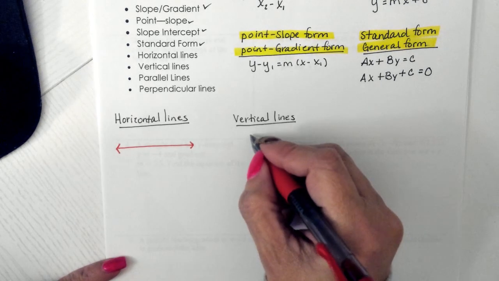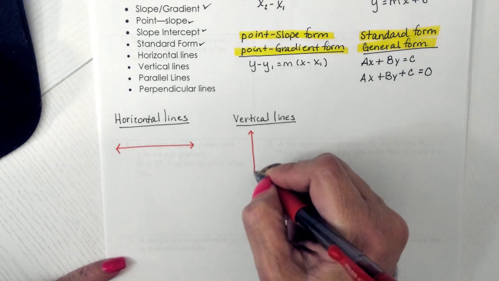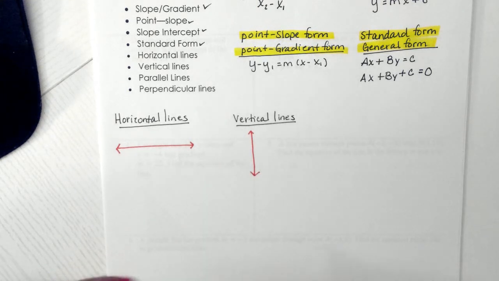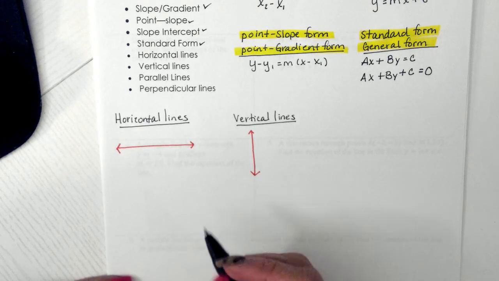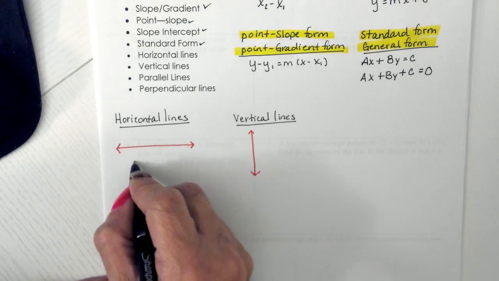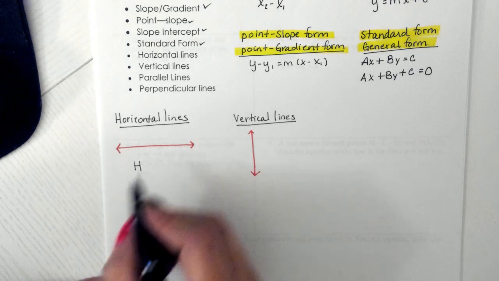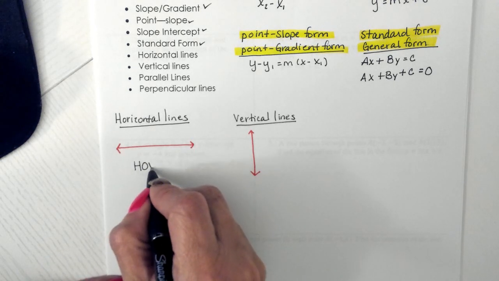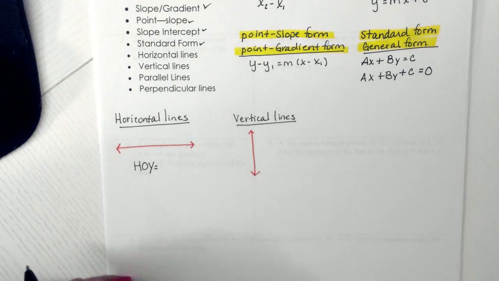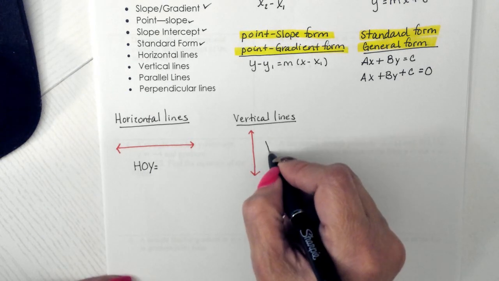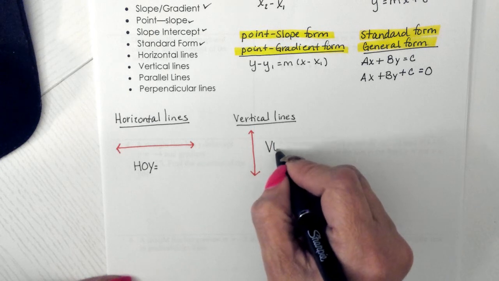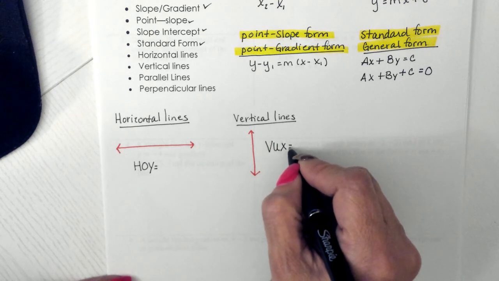Vertical lines are just that. They are vertical. They go up and down. Now, if you had me, you learned something called, if you have a horizontal line, the word that I want you to think about is the word hoy. If you have a vertical line, I want you to think about the word vux.